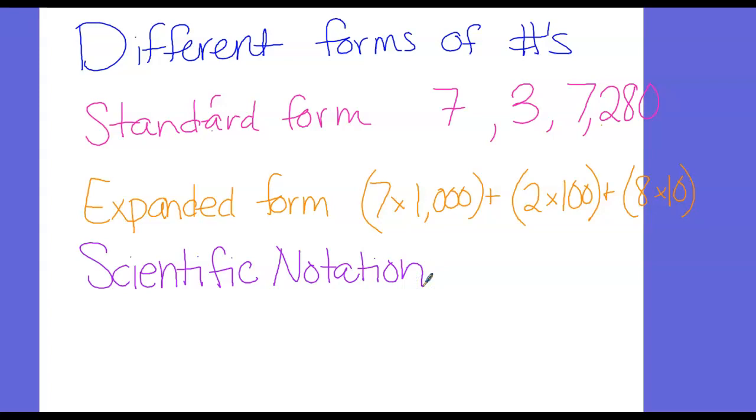There are some rules when writing in scientific notation. Our first rule is that our number has to be between 0 and 10.